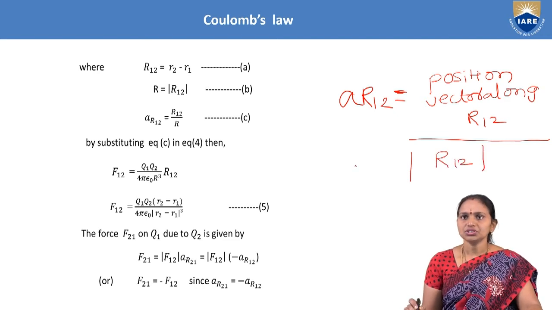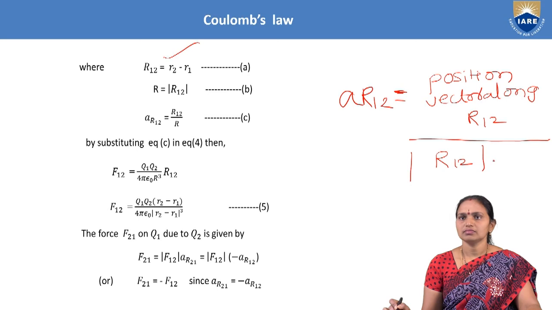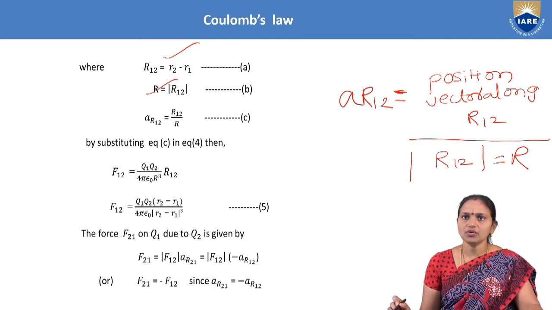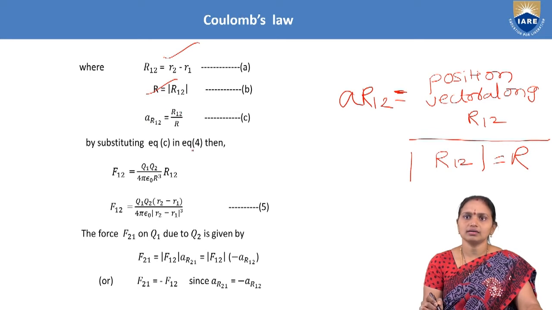To calculate the position vector, we consider R2 minus R1. Its magnitude we replace with one more symbol, which is R, so R equals the magnitude of R12. By substituting the position vector and magnitude, AR12 is R12 by R.